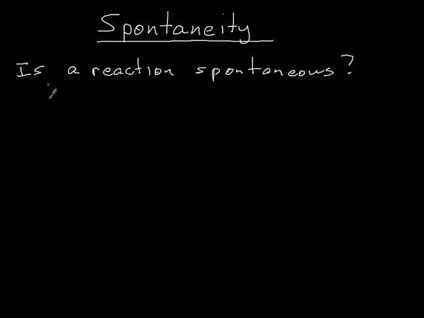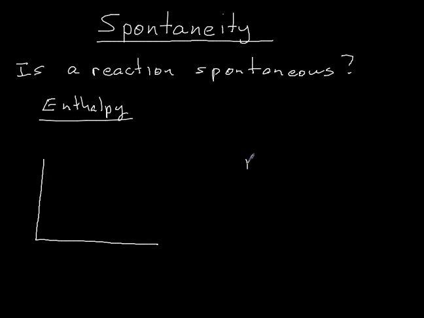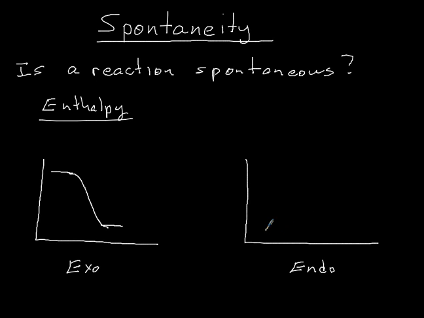And so let's backtrack for a second and look at enthalpy, and the idea of spontaneity with enthalpy. If we have our enthalpy level diagrams, with an exothermic and an endothermic reaction, an exothermic reaction would look something like this, and an endothermic reaction might look like this.